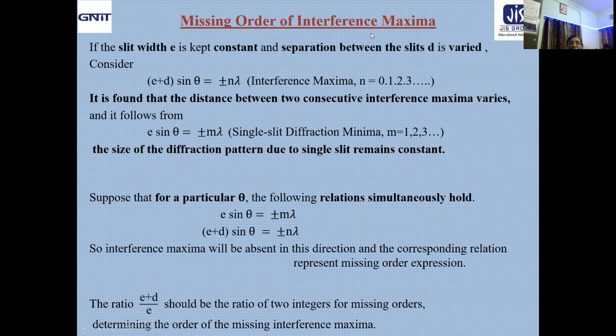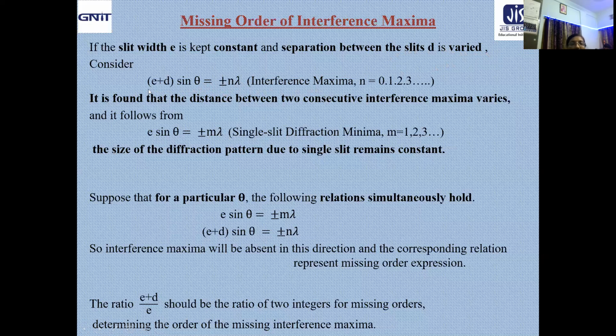Missing order of interference maxima. If the slit width e is kept constant and the separation between the slits d is varied, let us consider the first relation, that is the interference maxima.